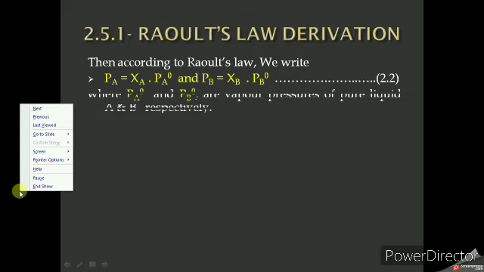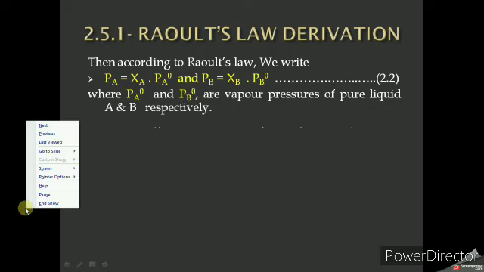PA is equal to XA into PA0, while PB is equal to XB into PB0, where PA0 and PB0 are the vapor pressures of pure liquids A and B respectively.